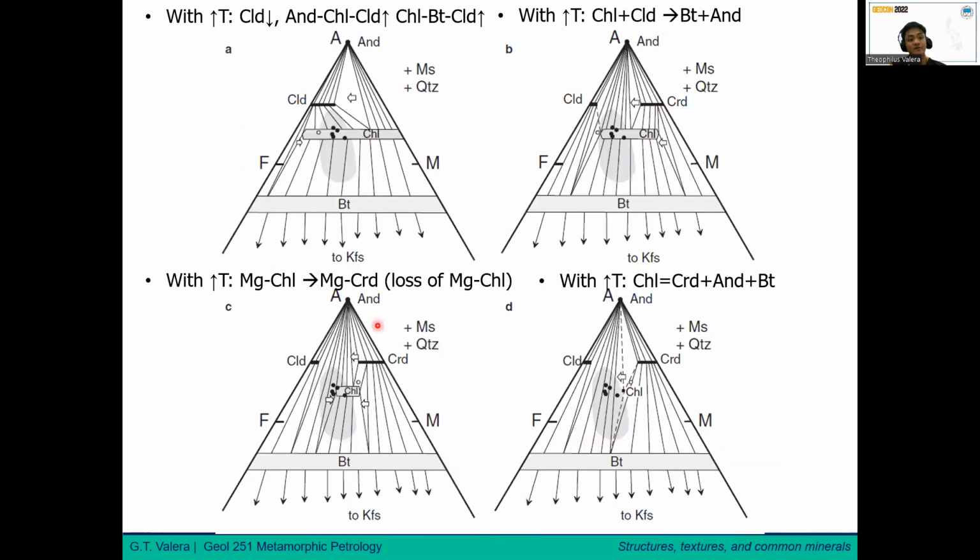So ito yung itsura ng AFM diagram. So with increasing temperature, ito yung bato natin. Chlorite decreases and the chloritoid tie line increases. Chlorite, biotite, chloritoid also increases. Yan, so ito. So, move siya papunta sa left, basically. Okay?